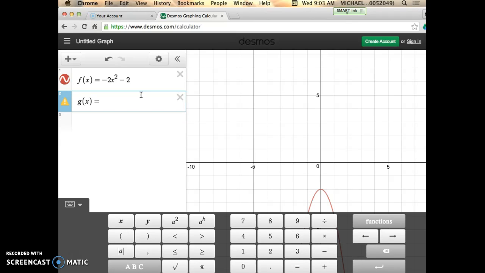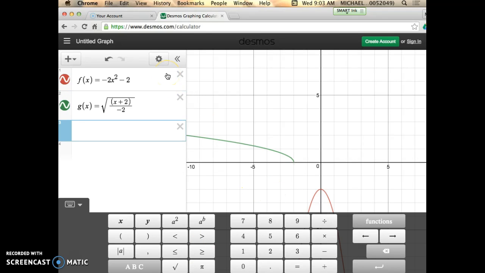And then g of x equals, the square root button's down here, square root of a grouping of x plus 2. So I have to put x plus 2 in parentheses because that entire thing is being divided by negative 2. And then to hit divided by, I hit that slash button below the question mark, and then type negative 2 in. So there are my two functions, one in red and one in green.